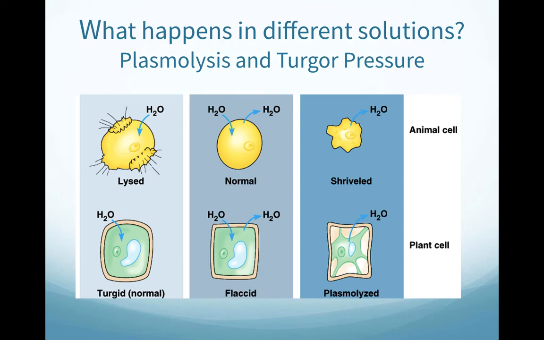So think of if you've ever had a salad, you put salad dressing on it and you have it sit there for a while, say the next day. Your lettuce looks like it's actually wet. It looks like it's taken in the salad dressing, but it's actually the opposite. The water has left the cell because the salad dressing had more solute in it than the cell.